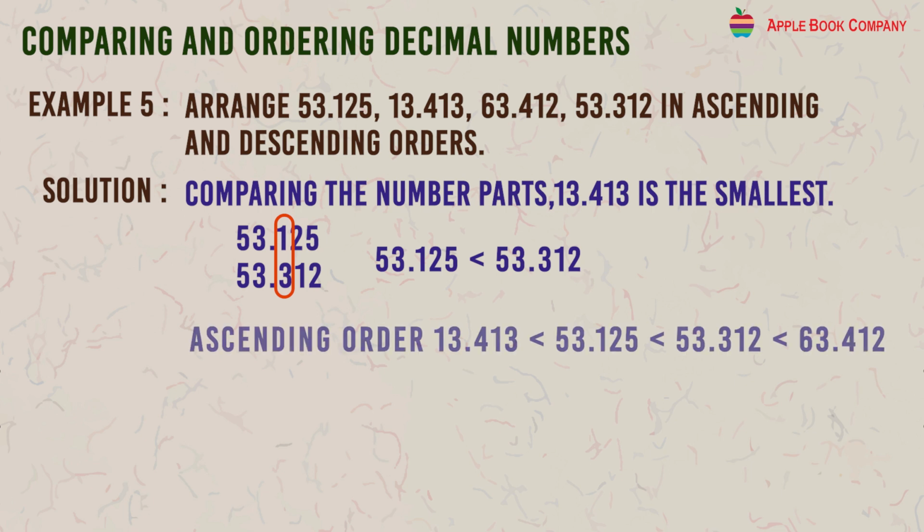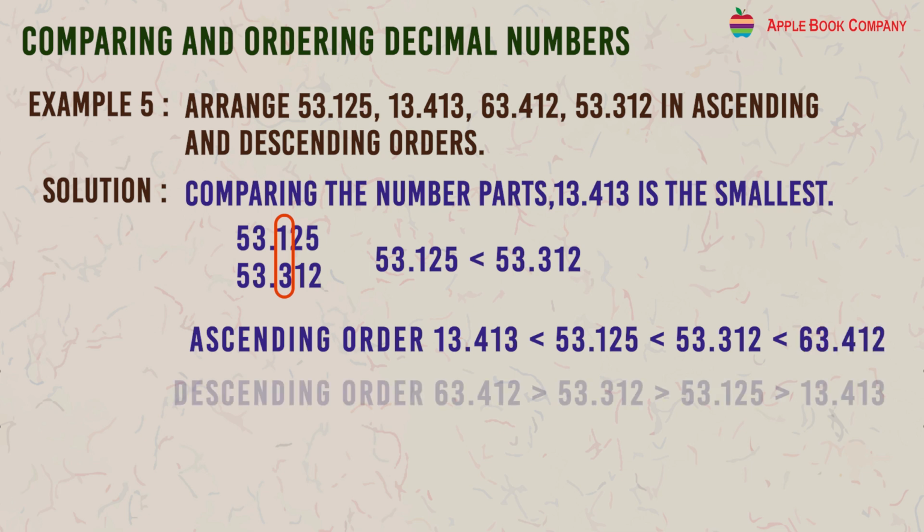Hence, in ascending order, we write 13.413 < 53.125 < 53.312 < 63.412. In descending order, we write 63.412 > 53.312 > 53.125 > 13.413.